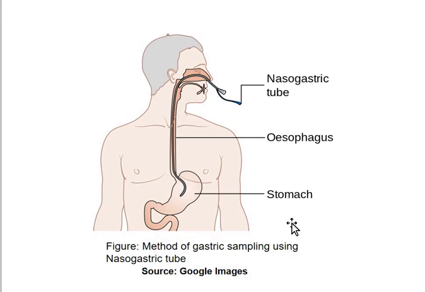If the earlier samples show absence of free HCl, a standard amount of histamine is injected subcutaneously in a dose of 0.1 mg per 10 kg of body weight, and samples subsequently withdrawn are then tested for free HCl.